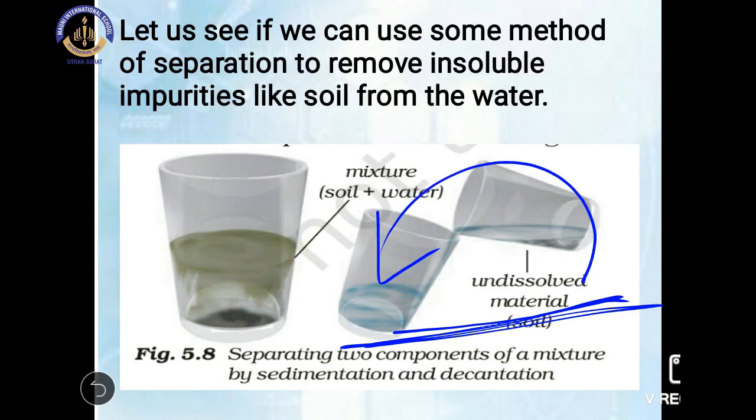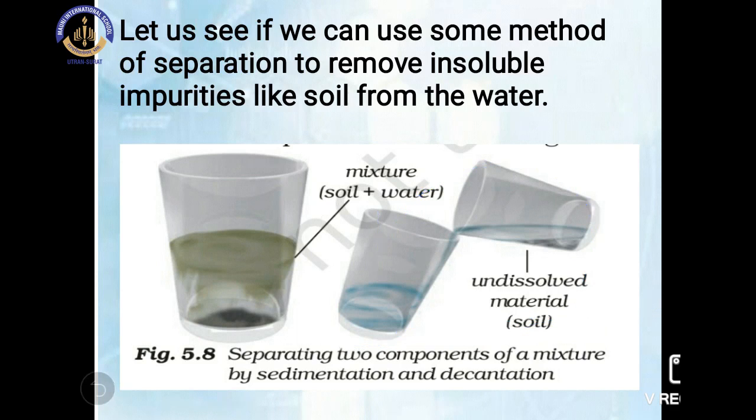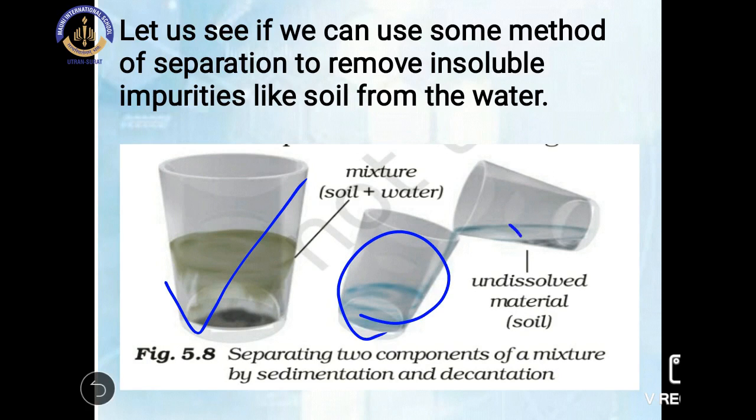This process is called decantation. In this first glass we have a mixture of soil and water, and by decantation we have clean water, while in this glass we have soil at the bottom.